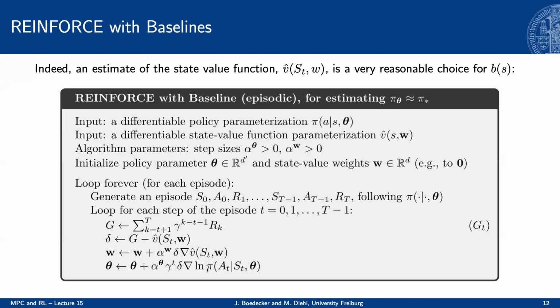Theta are the parameters for the policy. Here you use the sample of the policy gradient, and you also need to update the parameters of your state value function estimate. So you have the difference between the return and the baseline entering the update for the policy gradient, and that will help you reduce the variance.